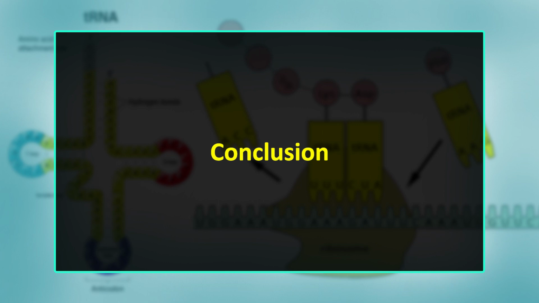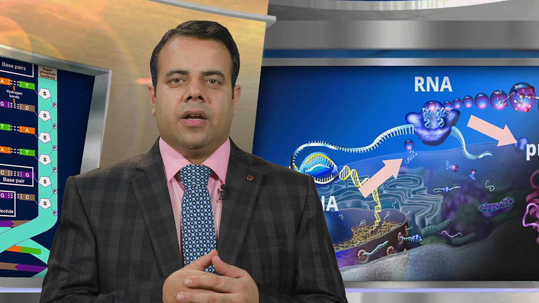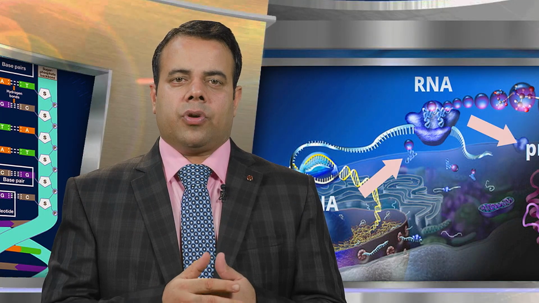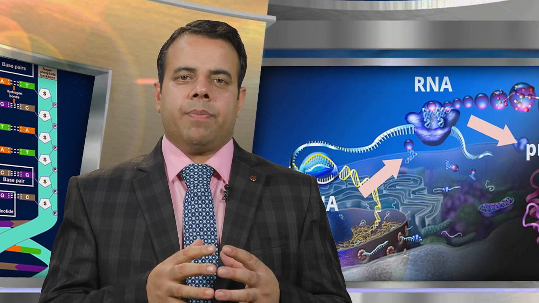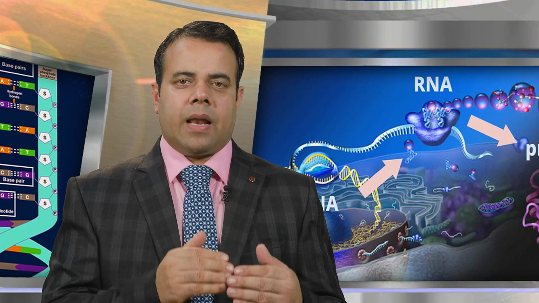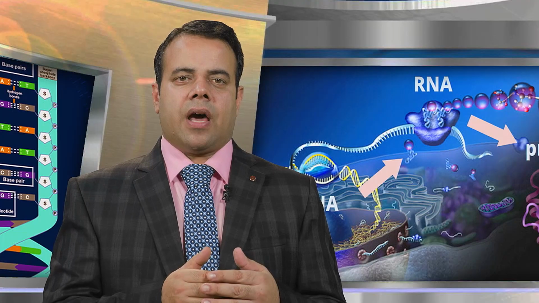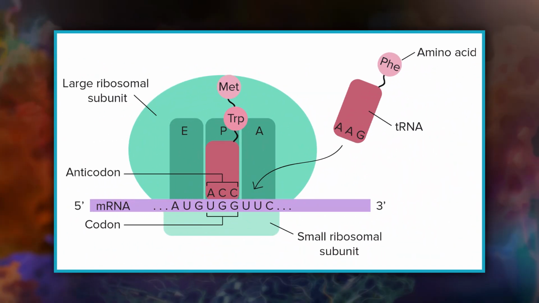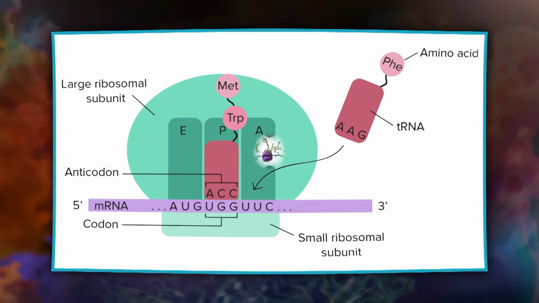Dear students, let's now summarize the entire lecture. At the end, we are able to conclude that transfer ribonucleic acid or tRNA is a type of RNA molecule that helps decode a messenger RNA or mRNA sequence into a protein. tRNAs function at specific sites in the ribosome during the translation process, which is a process that synthesizes a protein from an mRNA molecule.